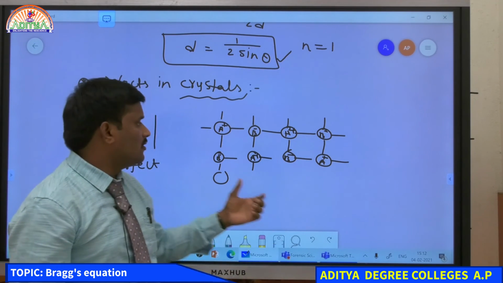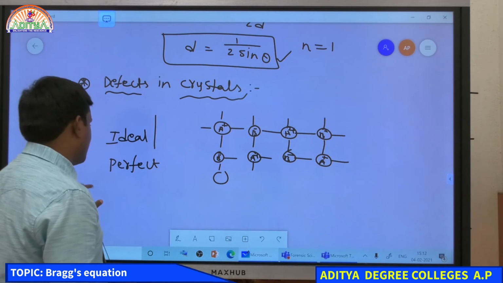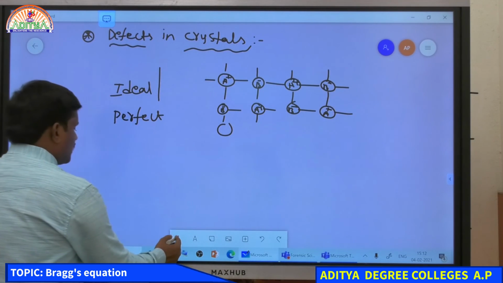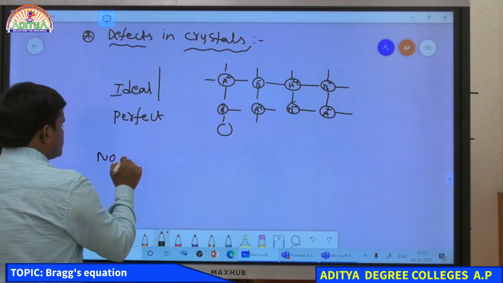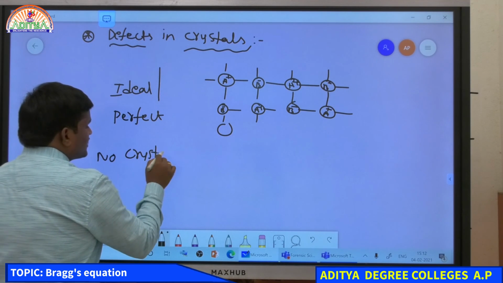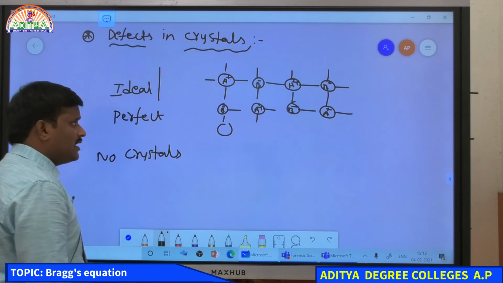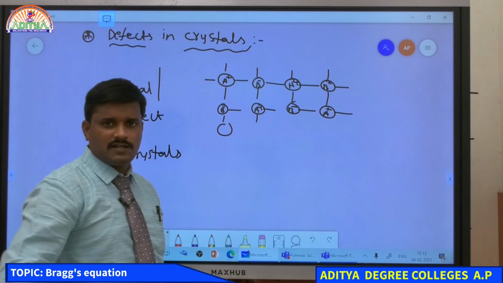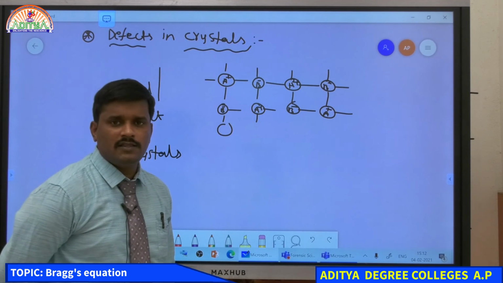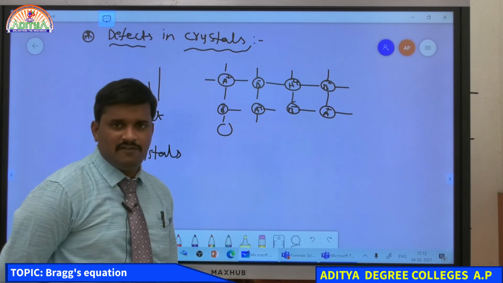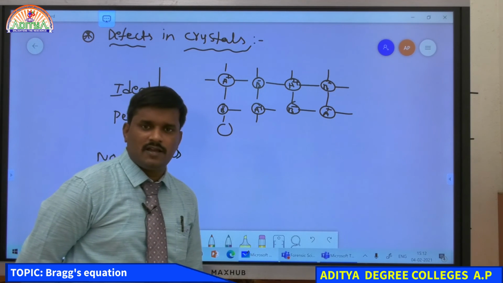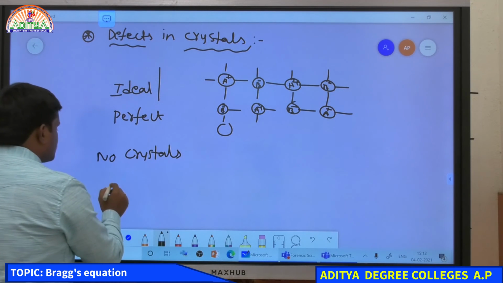But no crystal in nature is perfect. That means every crystal has some deviations in the position of ions, either in the position of cations or in the position of anions. So there is a deviation. That deviation is known as defect.